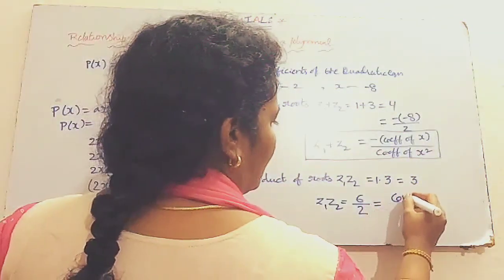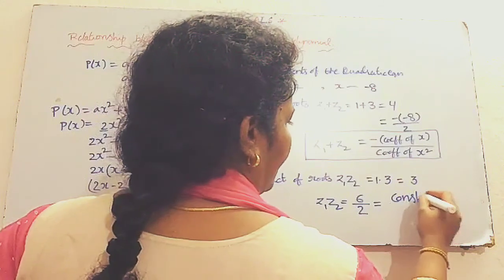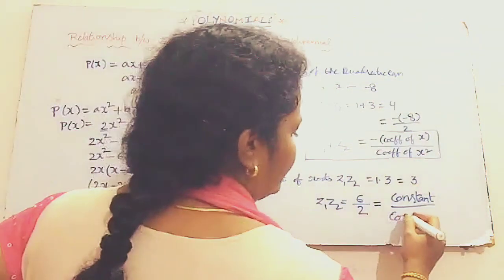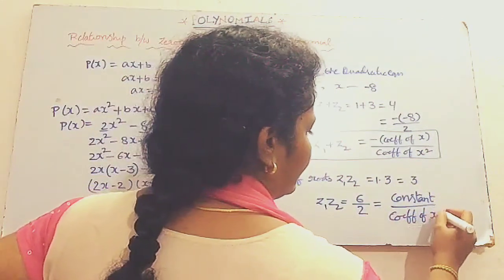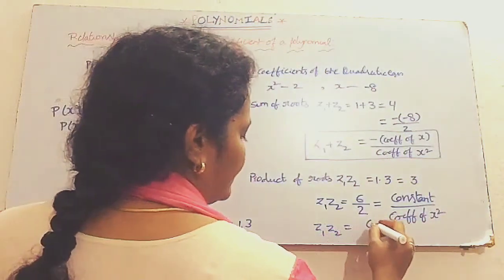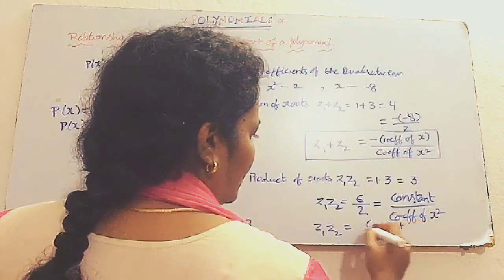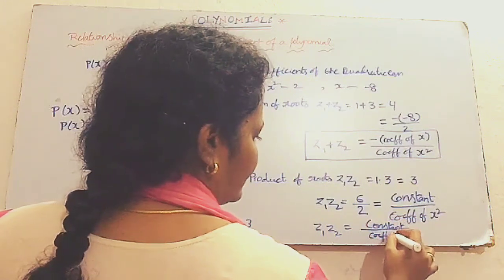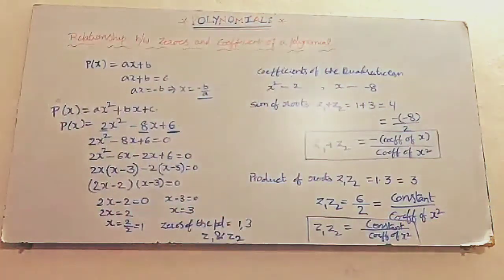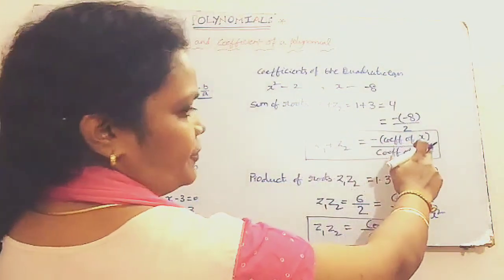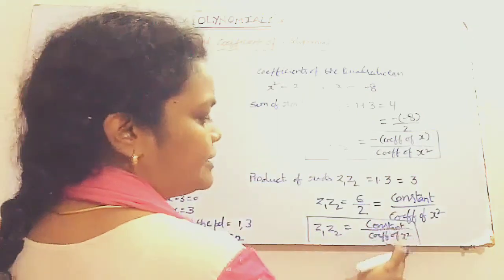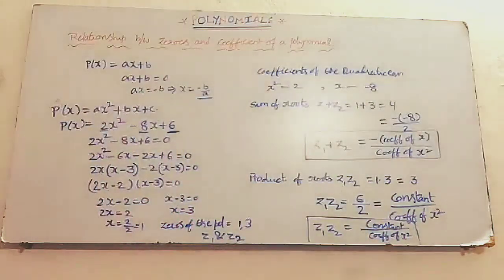That equals constant by 2, where 2 is the coefficient of x square. So product of roots equals constant by coefficient of x square. And sum of roots is minus of coefficient of x by coefficient of x square, and product of roots is constant by coefficient of x square.